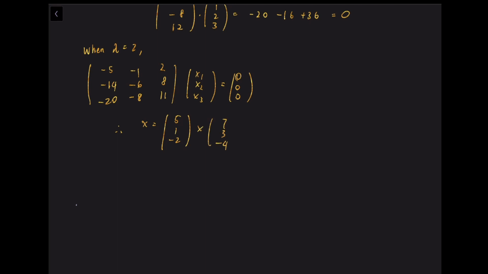And we obtain (2, 6, 8), which simplifies to (1, 3, 4). And to check this, we perform the dot product. So, (-20, -8, 11) dot product with (1, 3, 4), we will get 0.